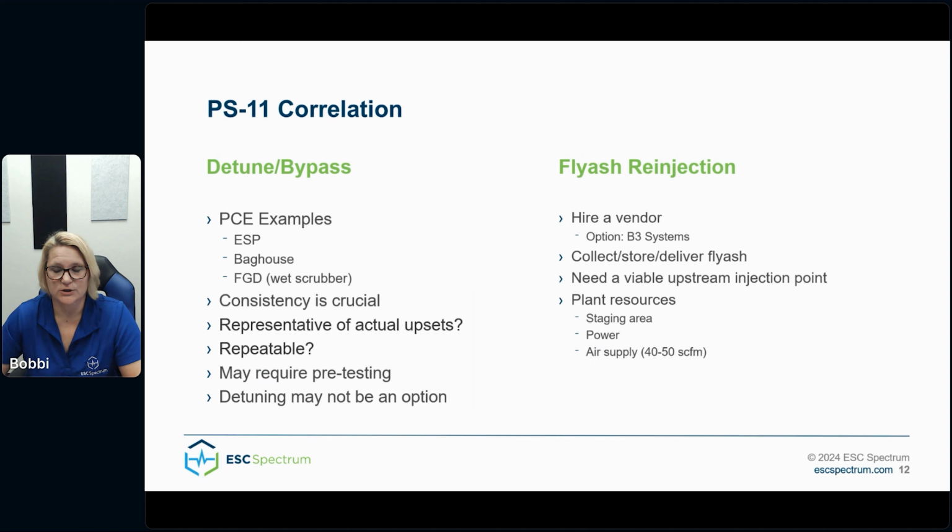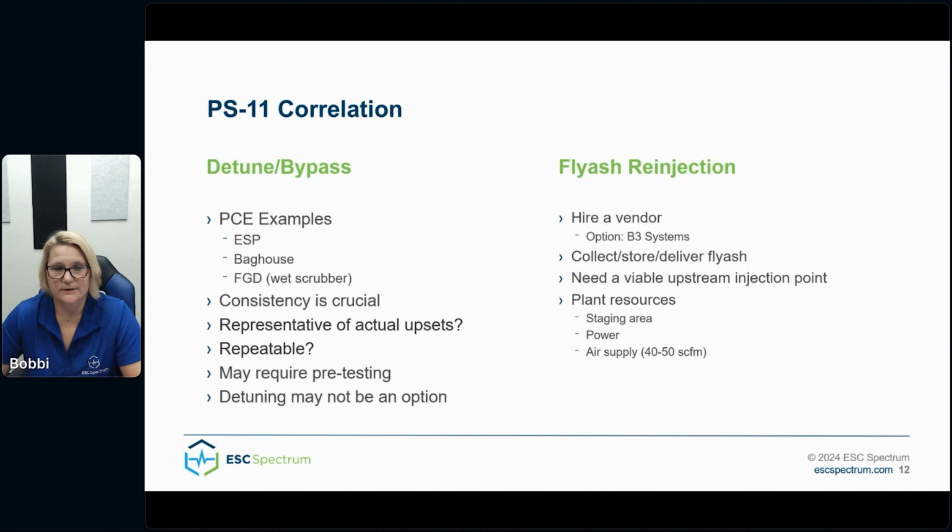In fly ash reinjection, your own fly ash typically is re-injected into the process after your last piece of pollution control equipment. B3 Systems has developed a methodology to re-inject the unit's own fly ash to achieve those PM loading levels required. It does require pre-planning. You'll need to collect, store, and deliver fly ash.